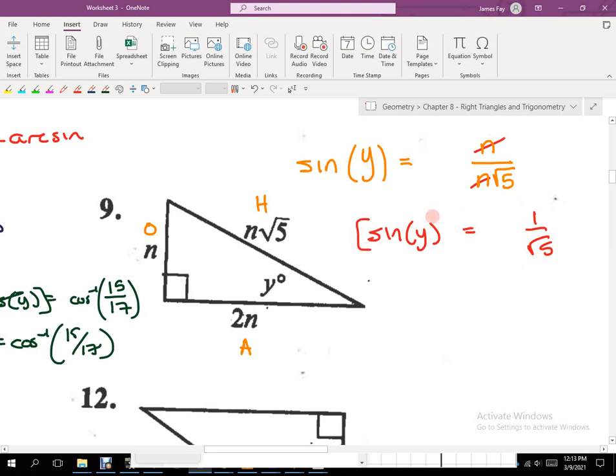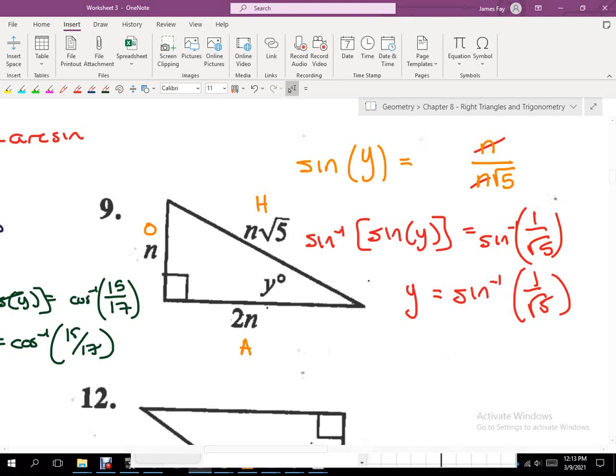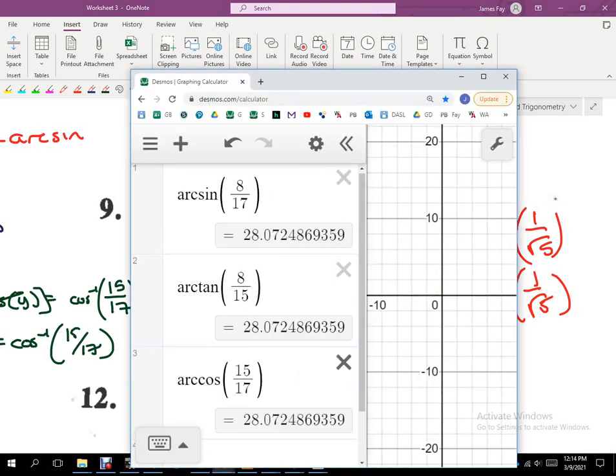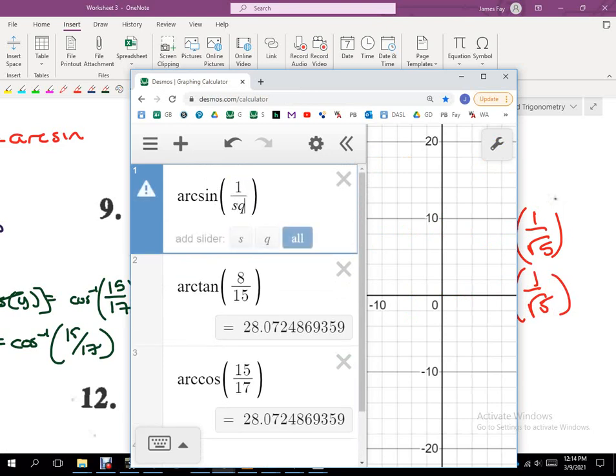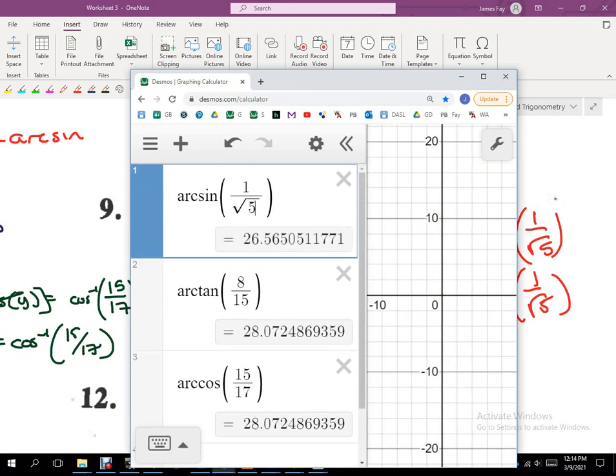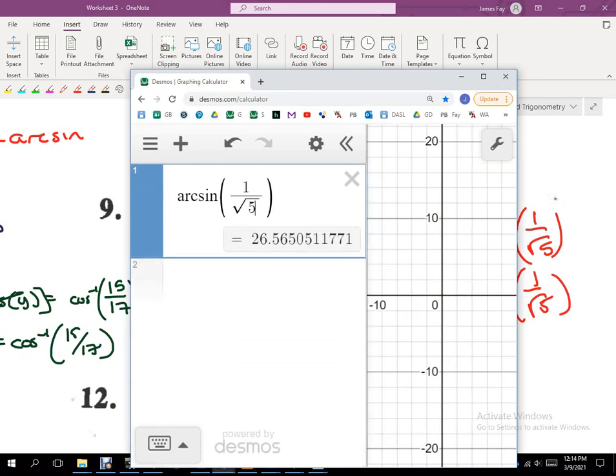And now if I inverse this side and inverse this side, we should get y equals sine inverse of 1 over root 5. Okay? So we type that in, see what we get. Arc sine of 1 over root 5, 26.56 degrees.